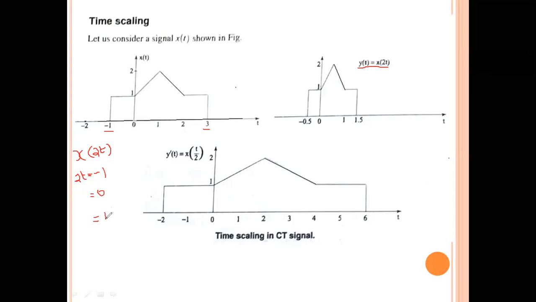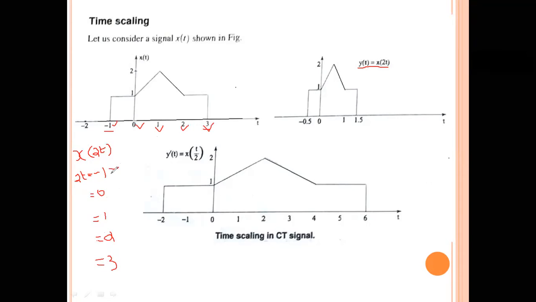We don't bother about the magnitude; the magnitude is fixed. We have to consider only the times. I am equating all the time values of the original signal x of t to have the new times. So 2t is equal to -1, 2t is equal to 0, 2t is equal to 1, 2t is equal to 2, 2t is equal to 3, and you are asked to sketch x of 2t.